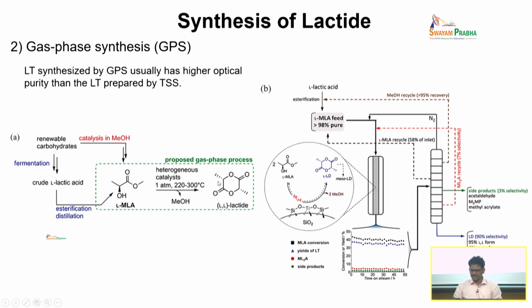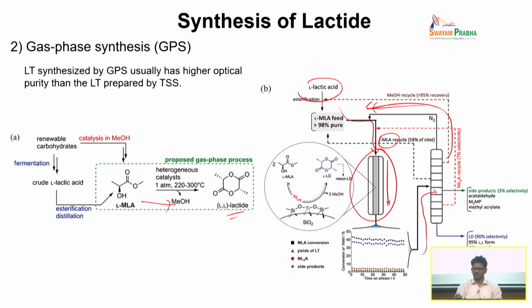The way it works is, you can see there is a packed column, a reactor containing a catalyst. You would send your lactic acid from a fermentation reaction at the top, and also add methanol from here, and it is combined to form MLA. MLA is nothing but methylated lactic acid, and that passes through this column. Then this reaction happens where the lactide is formed, and it is sent through a distillation column where you separate lactide from methanol, and methanol is recycled back.